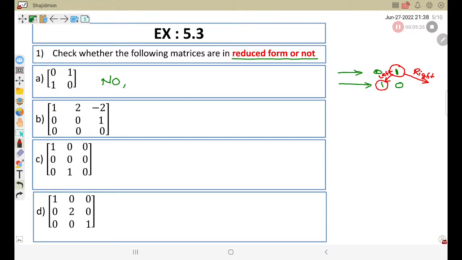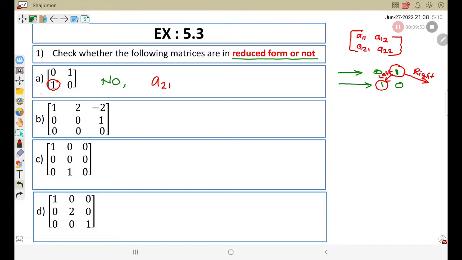This number is wrong because it is on the left side, not the right side of the 1 in the preceding row. Which number is it? We studied the general form of a matrix: first number is A11, A12, A21, A22, like this. We can write the reason in a simple way. Which number is wrong here?